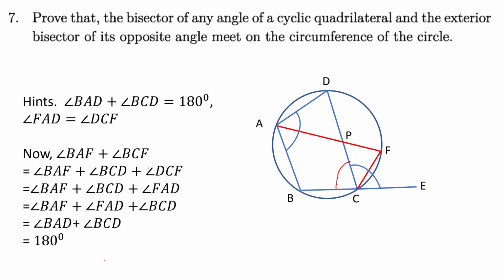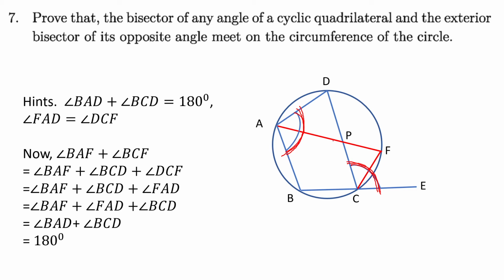And this is a cyclic quadrilateral, so the exterior angle is equal to the opposite interior angle. It is a theorem: if ABCD is a cyclic quadrilateral, then the exterior angle is equal to the opposite interior angle. So these two angles are equal.